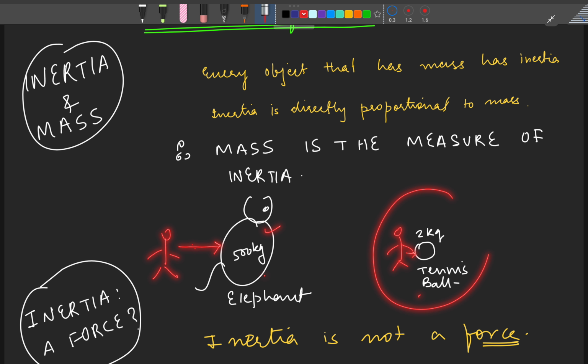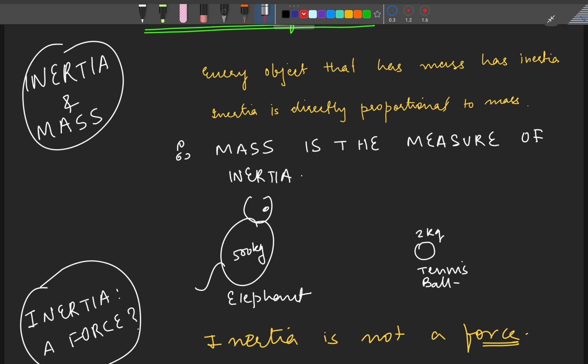Clearly, it is the tennis ball that you would require lesser force, not more, right? So for the tennis ball, you can push it very easily and then it will come into motion, right? For the elephant, alone you'll probably not be able to move it. You would probably need a bigger JCB or something to move this elephant, correct?